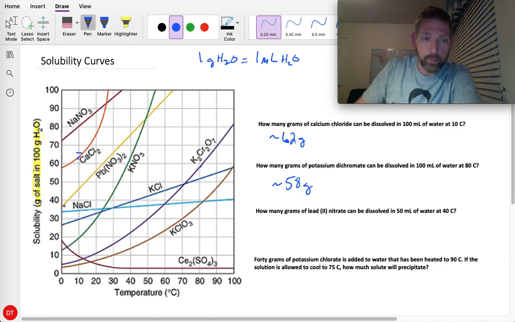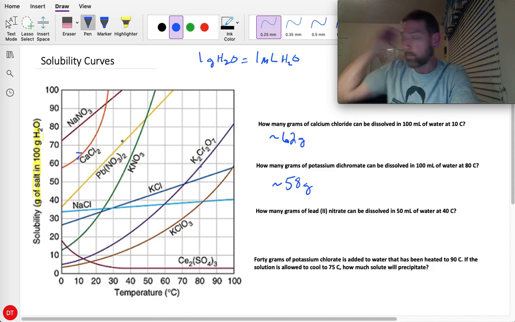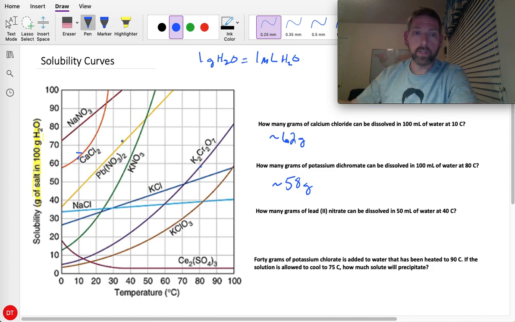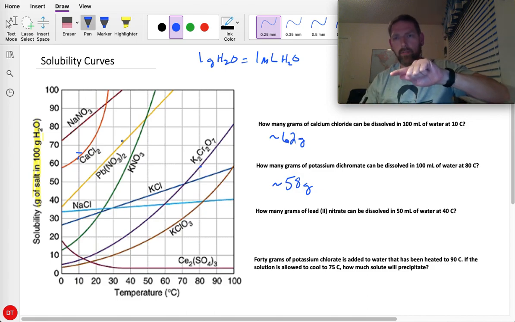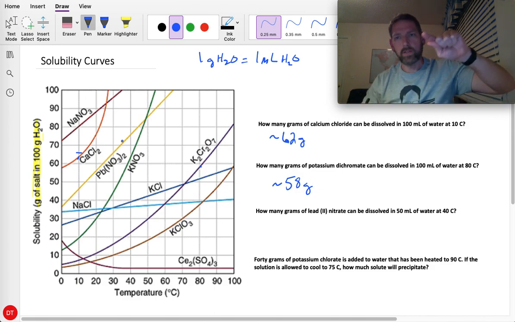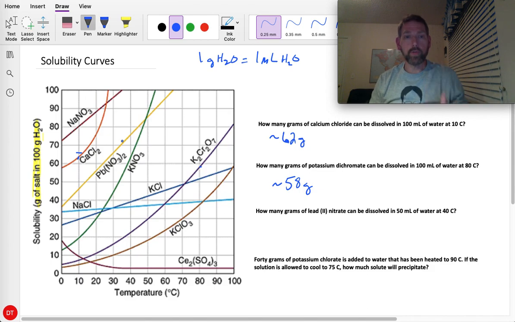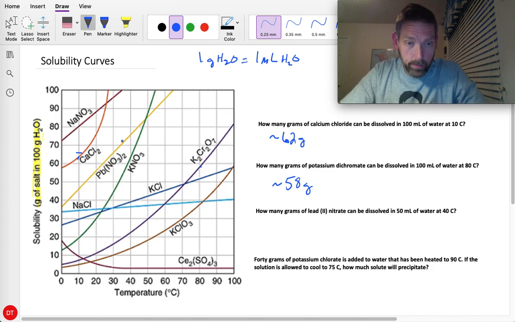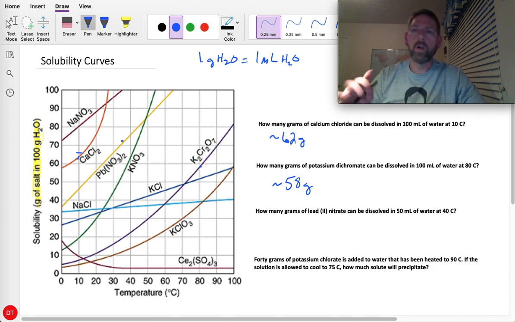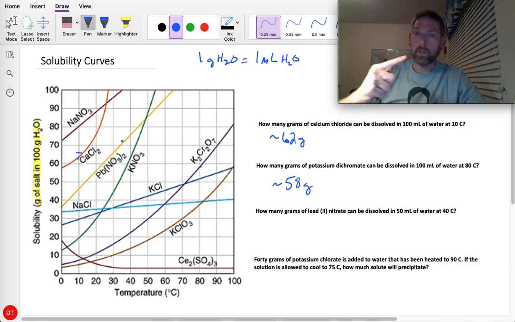So you're just worried about this curve. All the other ones, ignore them. Now one of the first things you see is lead II nitrate has that very nice steady increase. Look at the potassium chloride on this, sodium chloride. Notice in the sodium nitrate, you do get some extremely linear relationships.